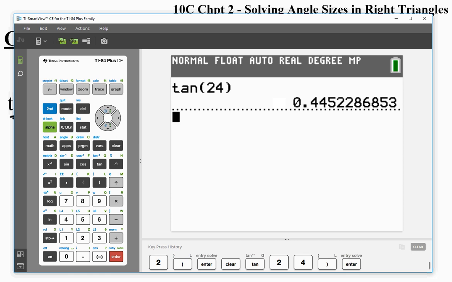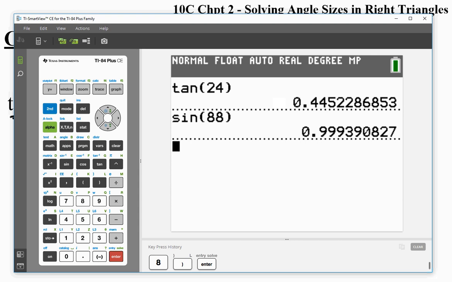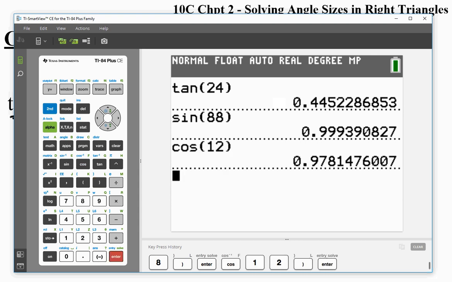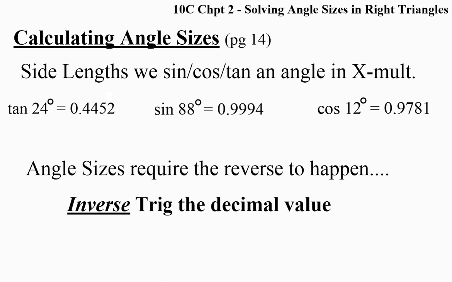We can do the same thing with sine of 88, which gives us a decimal value, and the cosine of 12, which is also a decimal value. So these things all give decimal values. We didn't see those before, but they're there.